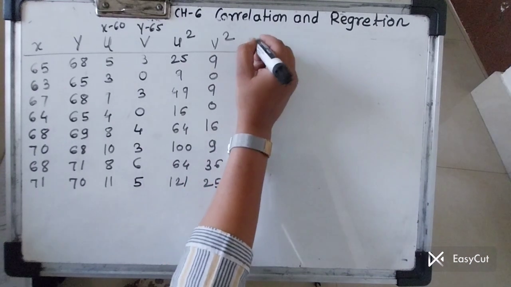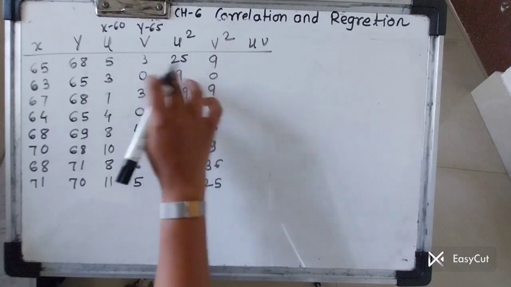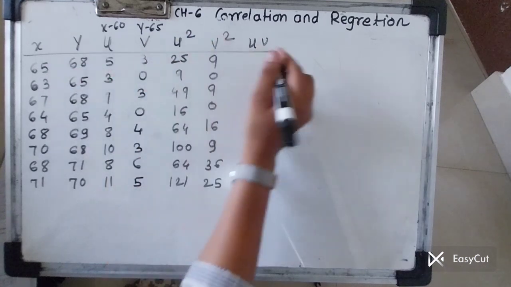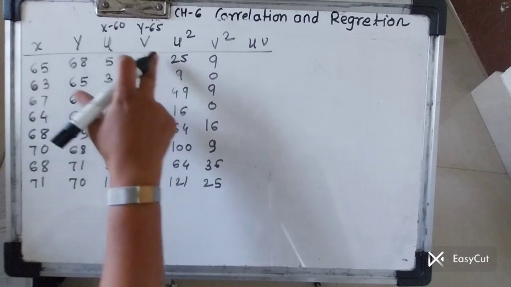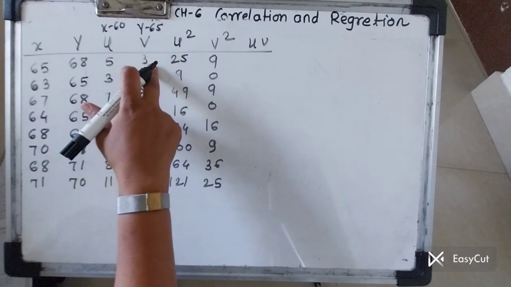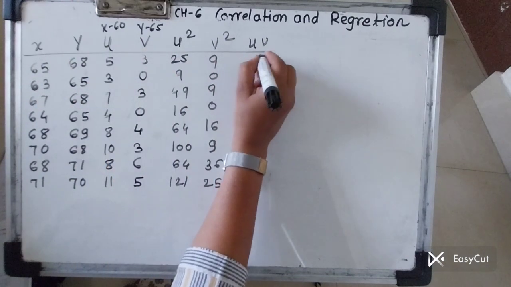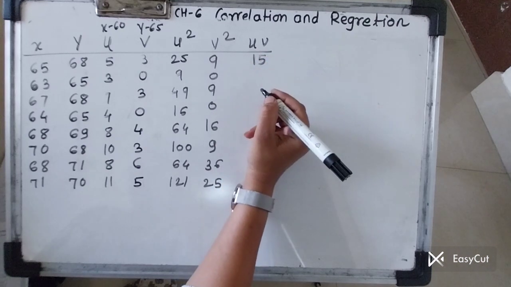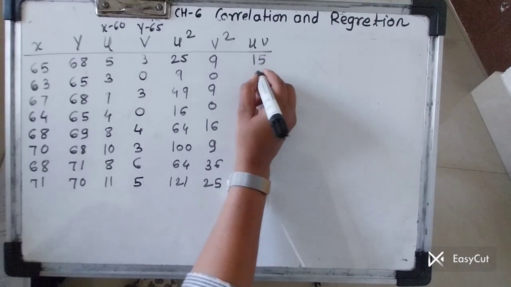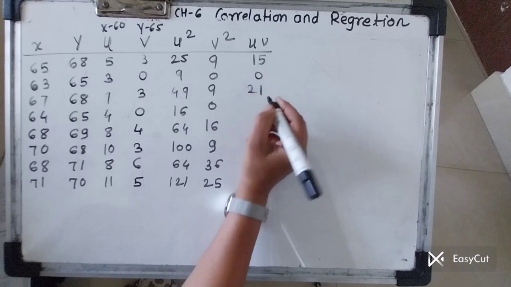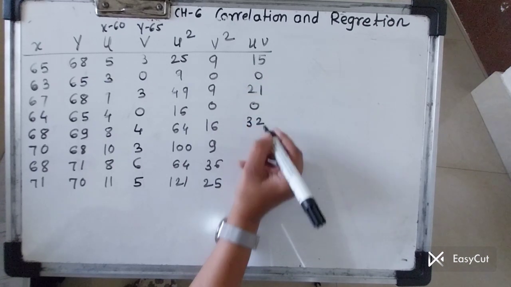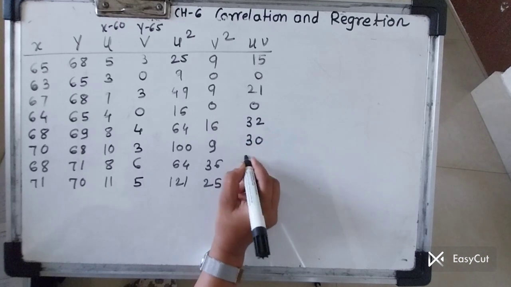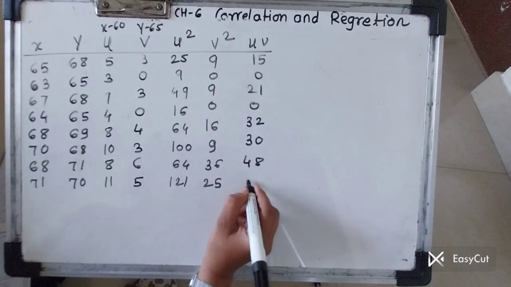Okay, what do we require? uv, the product of these two, u and v. So it is 15. Okay, then 0, 21, then 0, then 32, here 30, then 48, here 55.